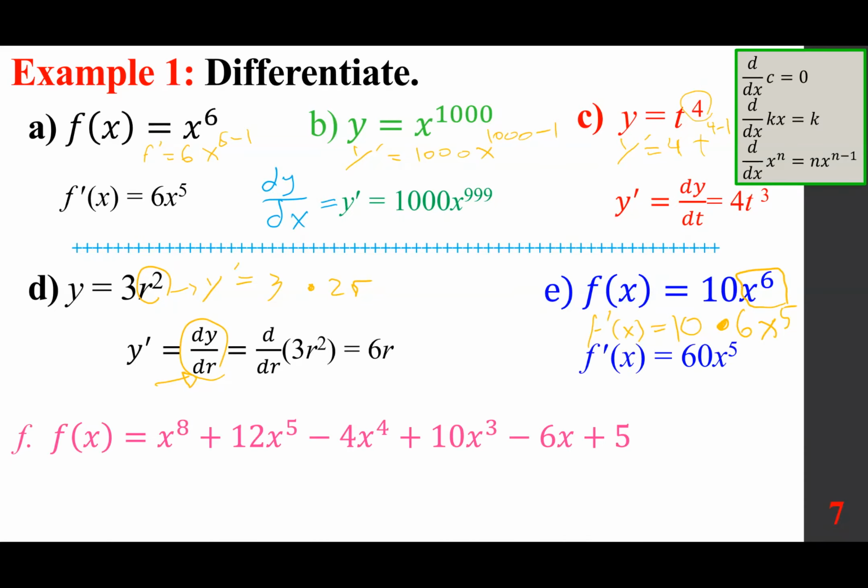Let's give everybody a minute to come up with the answer for the last one on this page. f of x is x to the power of 8 plus 12x to the power of 5 minus 4x to the power of 4 plus 10x cubed minus 6x plus 5.